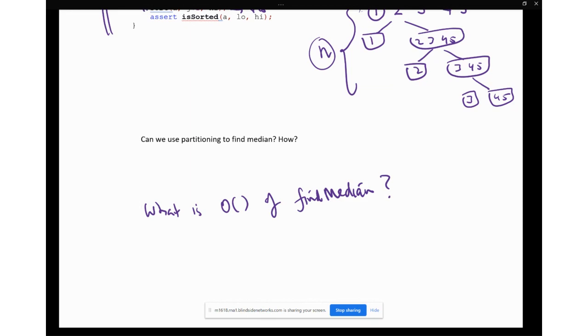Suppose you're given a random array and you're asked to find the median. How quickly can you do that? Someone said n. Can you explain how to do that in n time?